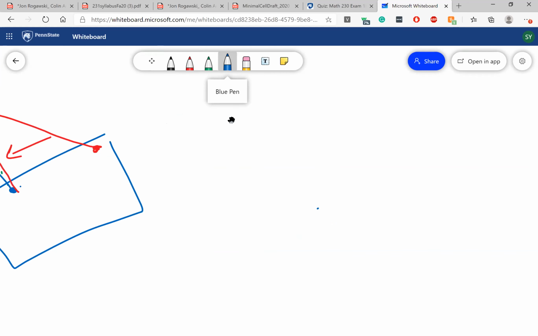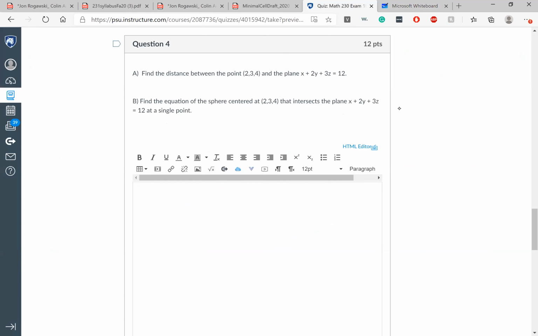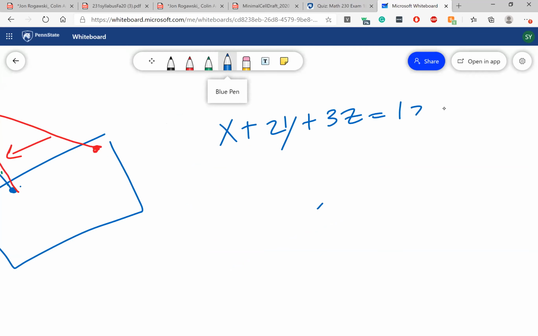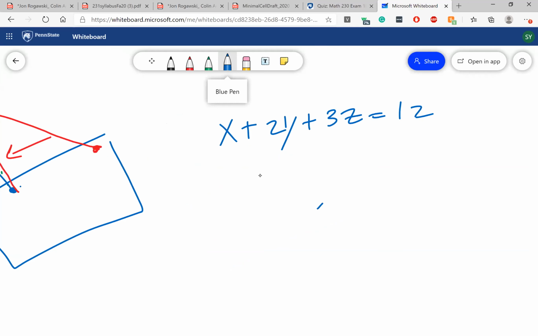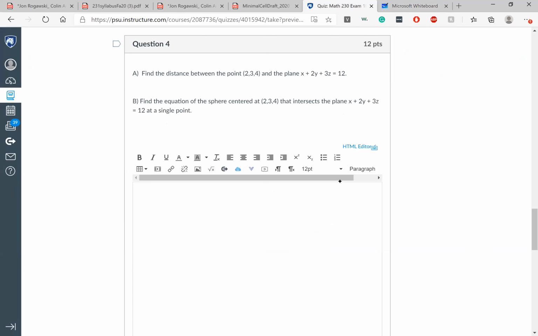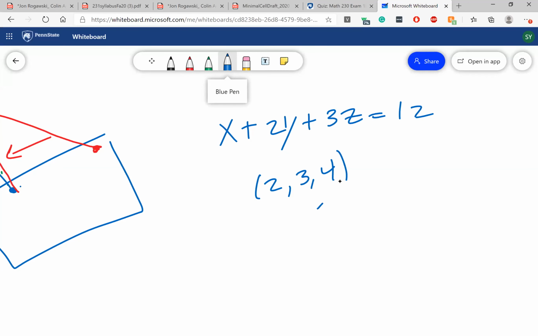Okay, so we have x plus 2y plus 3z is equal to 12. And we also have 2, 3, 4. Okay, so we're looking at the distance from the point to 2, 3, 4. So now our normal vector is the vector 1, 2, 3.